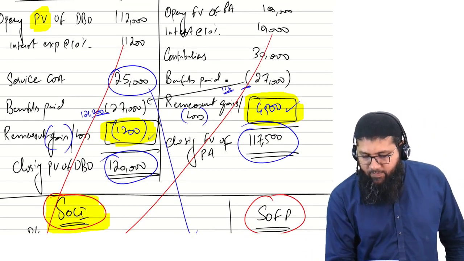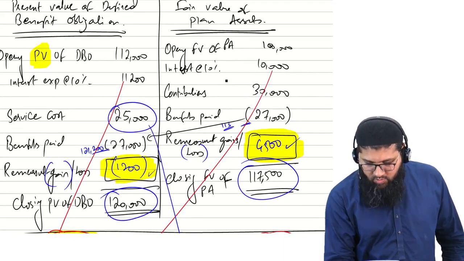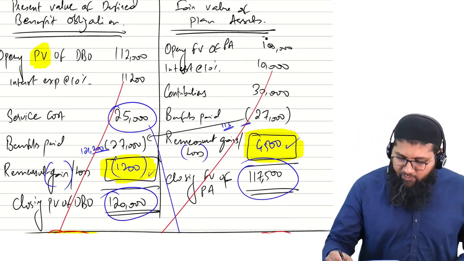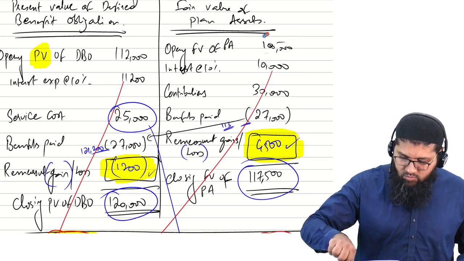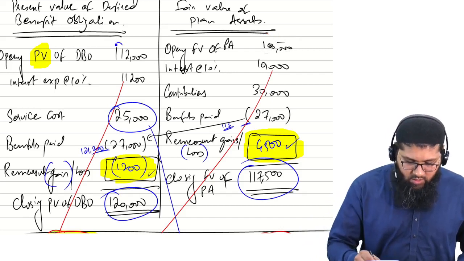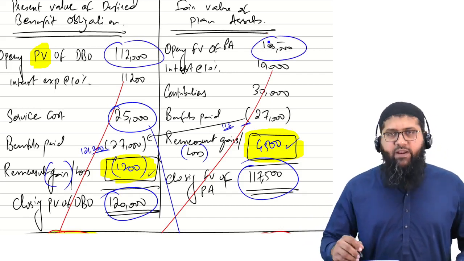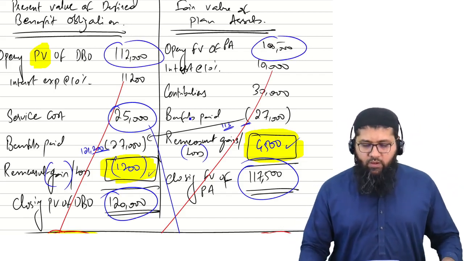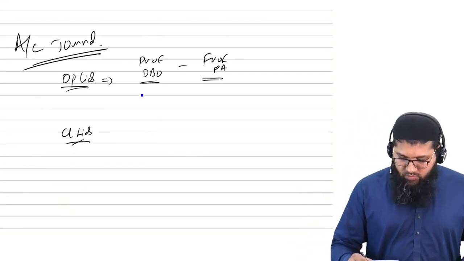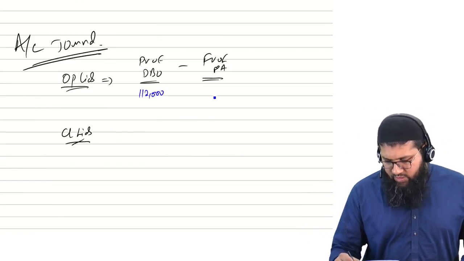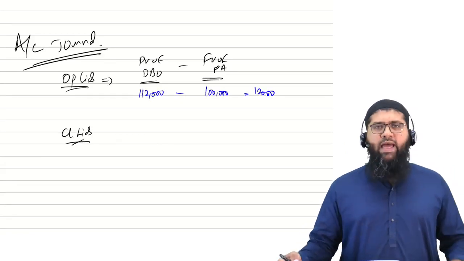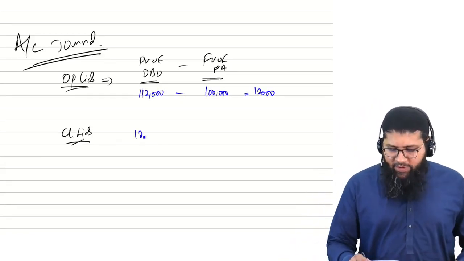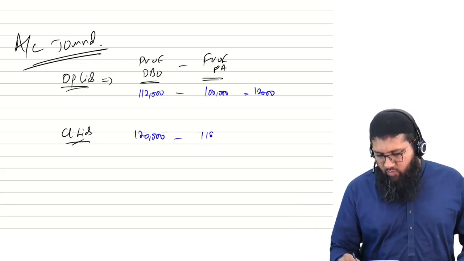We had an opening fair value of plan assets of 100,000, and opening present value of defined benefit obligation of 112,000. So it was actually 12,000. Now it is 120,000 minus 117,500. So it's actually 2,500.